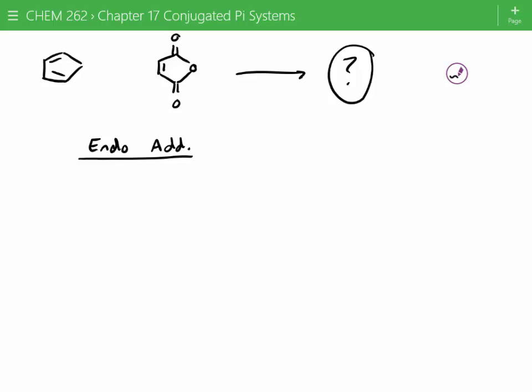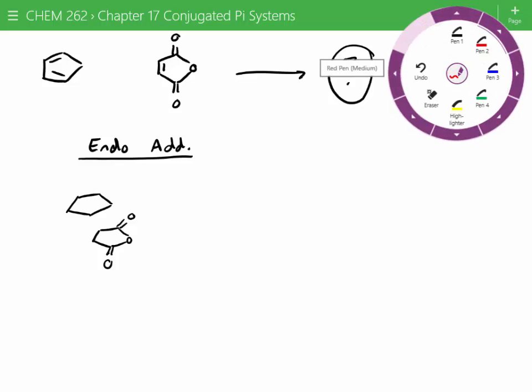And what endo addition means is, let's do this side-on view for the reaction, this docking that's occurring. So we've got one piece down here. We've got the other piece, whoop, let me draw this a little better. Other piece down here.